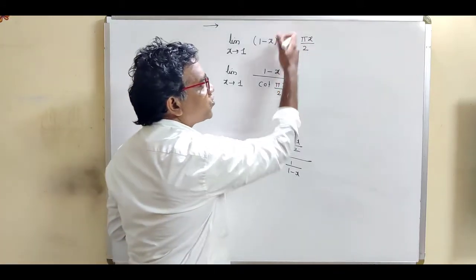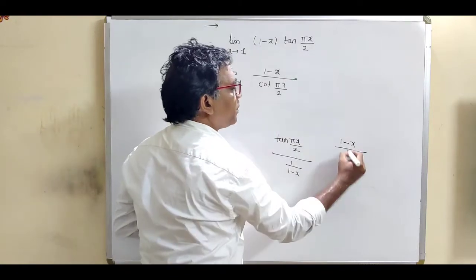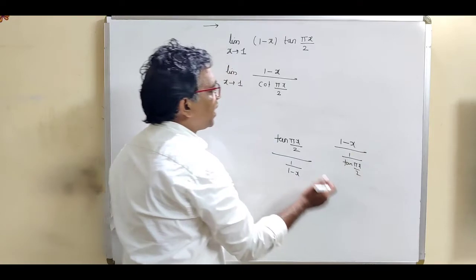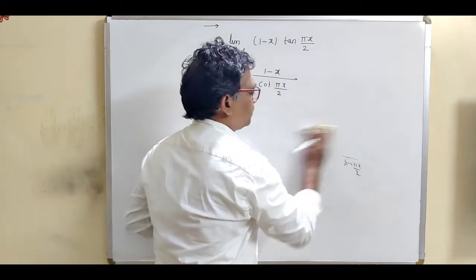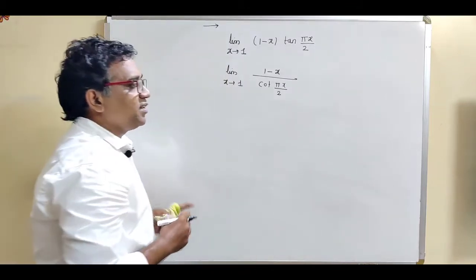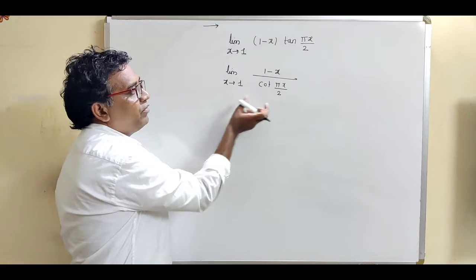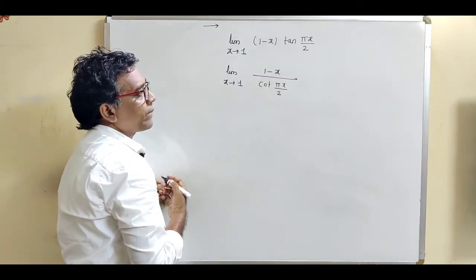Or we can transform this second term in denominator, so this is the format 1 minus x divided by 1 upon tan pi x divided by 2, 1 upon tan, or we can simply write cot pi x divided by 2. So see, this is the method. If the limit form contains the product, then we have to convert this product in terms of division.